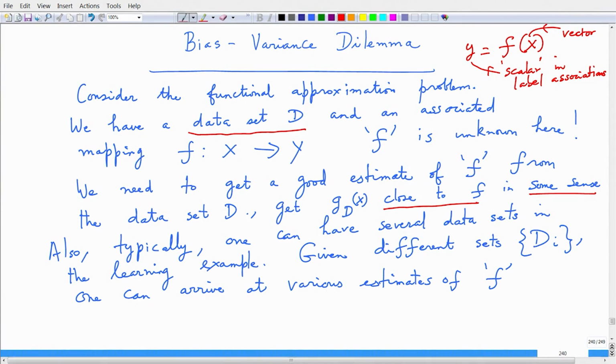Now, we have different data sets D_i, with i going from 1 to n, and given these data sets we can arrive at various estimates of the unknown function.